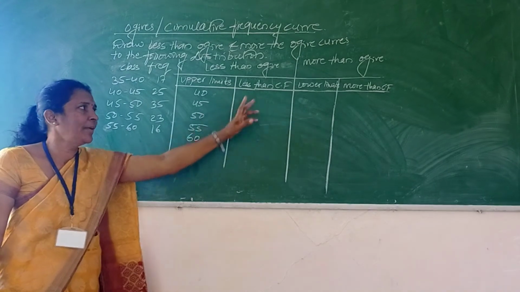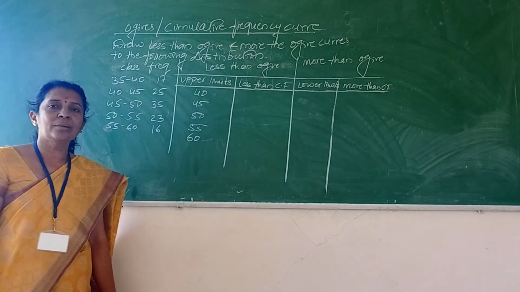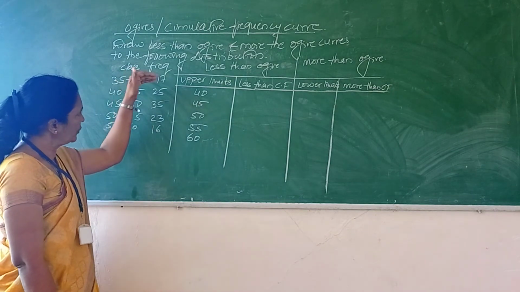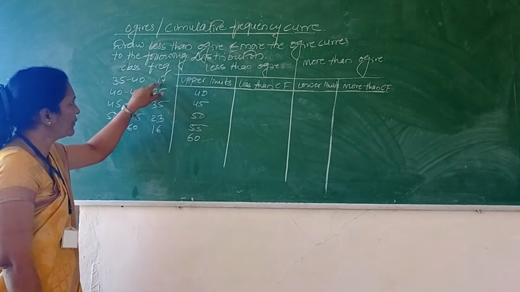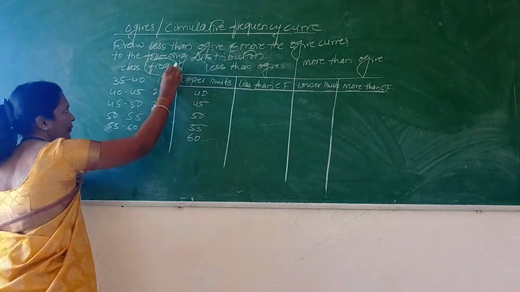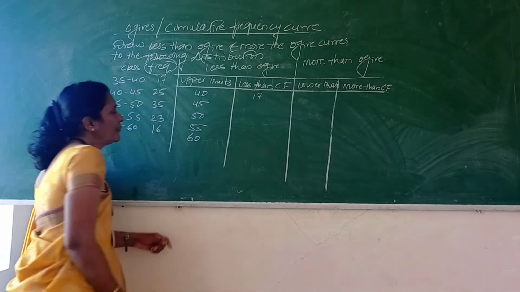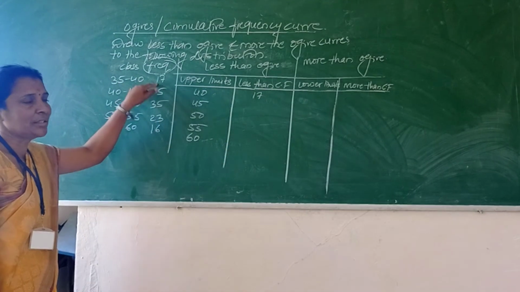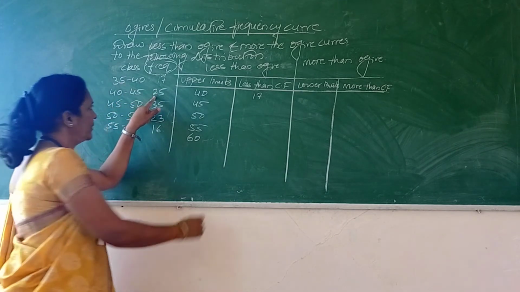Then find out less than cumulative frequency. For less than cumulative frequency, go from top to bottom. So first frequency is given. First frequency will remain as it is, 17. This is 17. Then 17 plus 25.